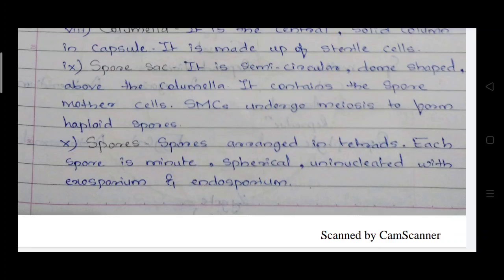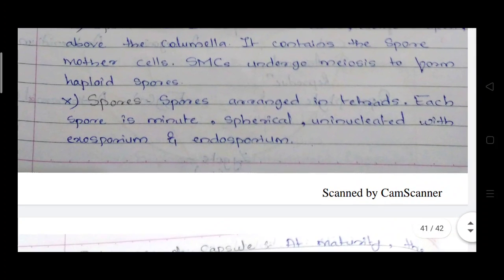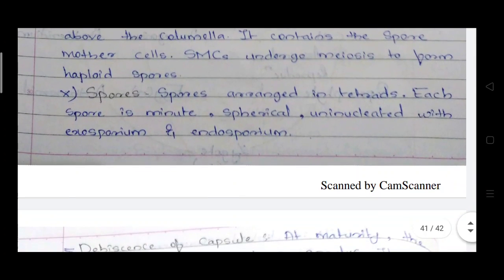The spore sac contains the spore mother cells. When the spore mother cells undergo meiosis, they form the haploid spores of the sphagnum plant. They are in tetrad condition, that means four spores are combined at one place.